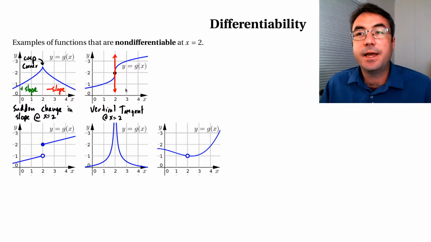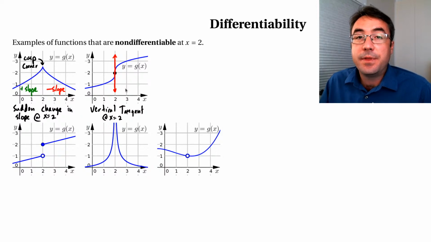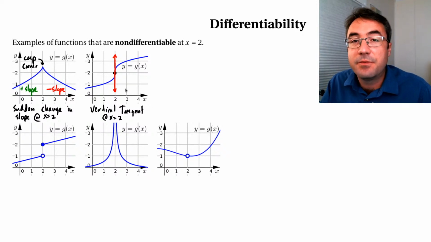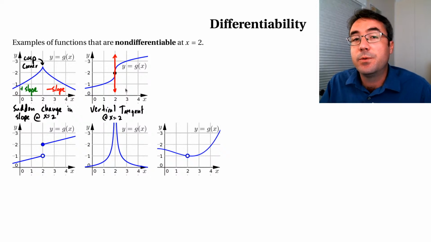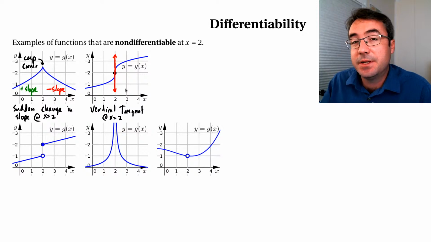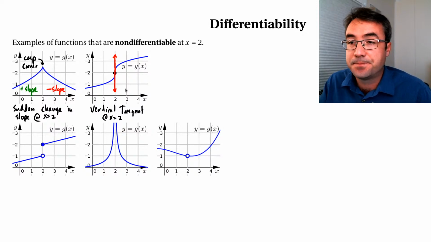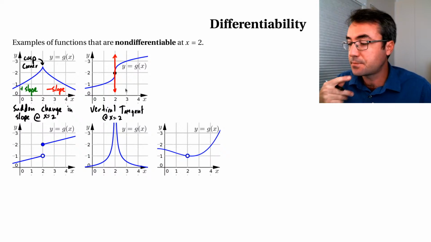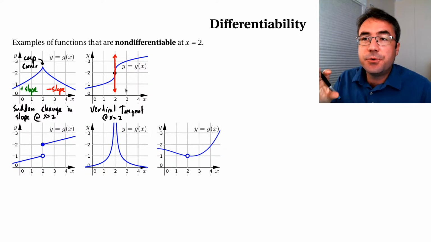So that's another case where that process of doing the limit of f of x plus h minus f of x all over h, we would get that it doesn't exist. So it's non-differentiable there. And for a vertical tangent, what would happen is that we would actually be getting an infinite limit, just like we saw with that square root function. All right, so those are two examples.